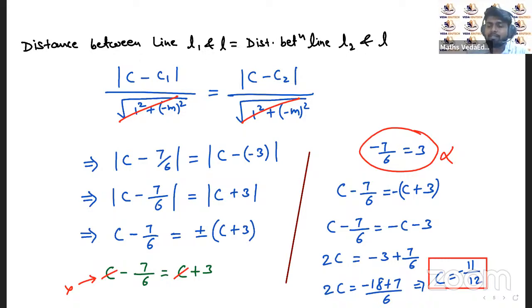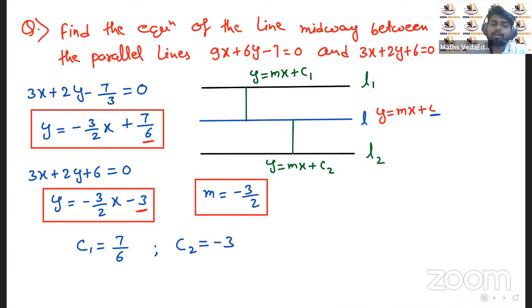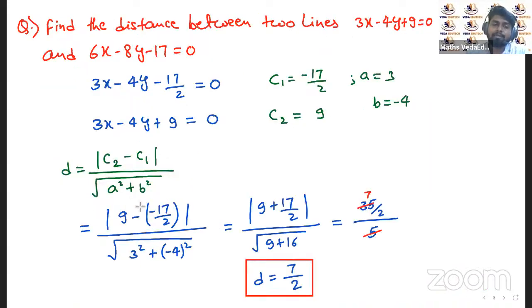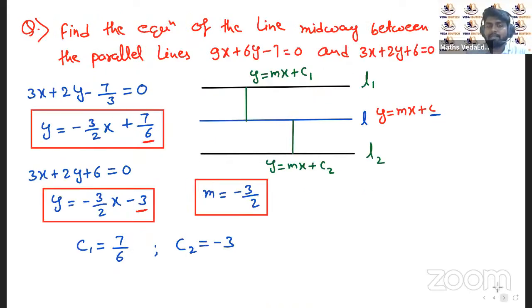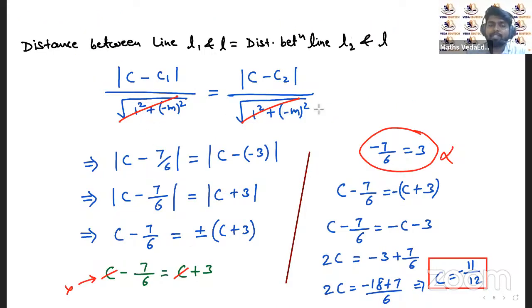We found those values by using this formula: the distance between two parallel lines is modulus of C2 minus C1 upon square root of A square plus B square. When you apply this formula, the denominator has the same value, so it will get cancelled. After further simplification, when we remove the modulus, we get a plus or minus sign.